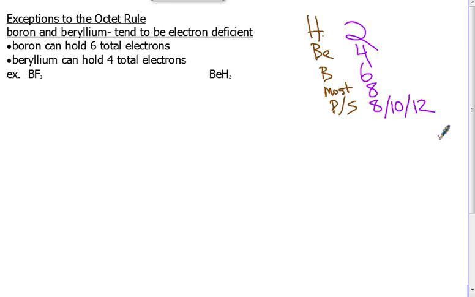So here's 2 of the exceptions right here. Boron with 3 fluorines. Boron has 3. Fluorine has 7. They share those 2. They share those 2.